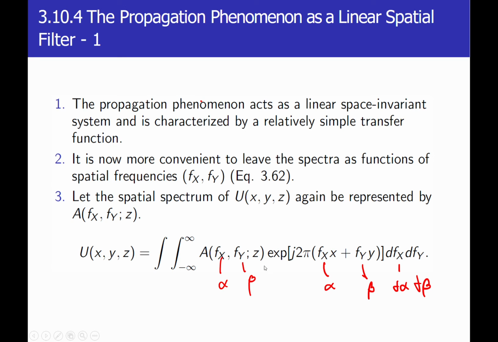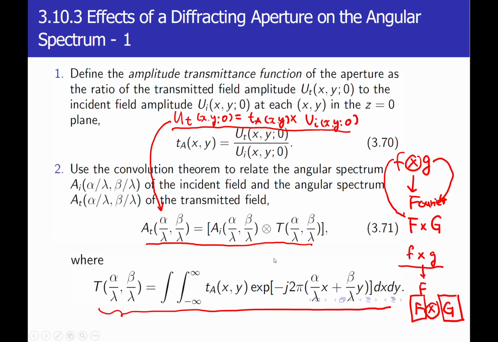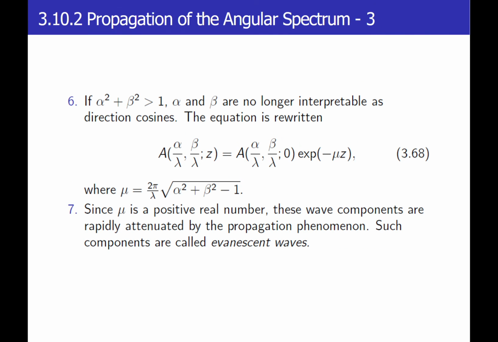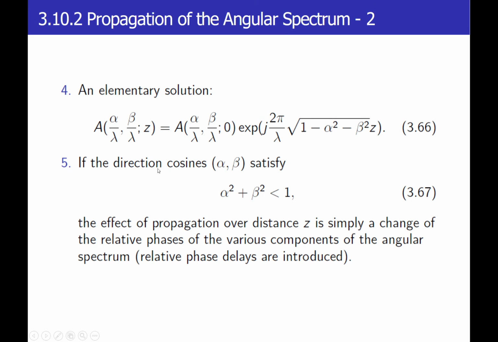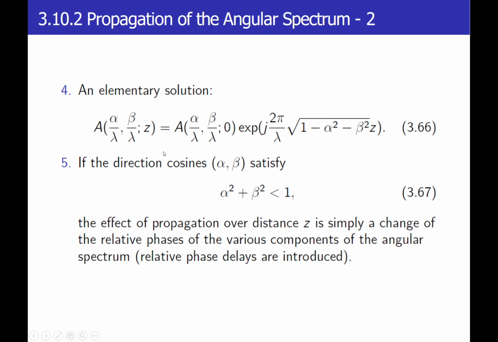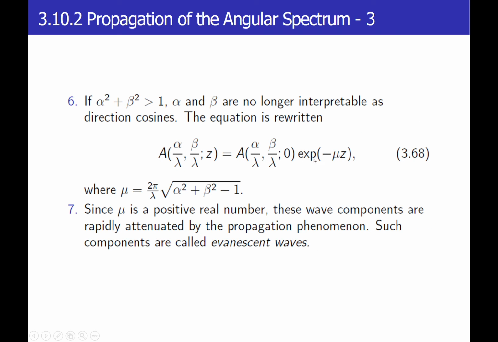And the z dependence is actually either this one or that one. And obviously the surviving term would be this one, because the other one will die out due to its evanescent wave nature.